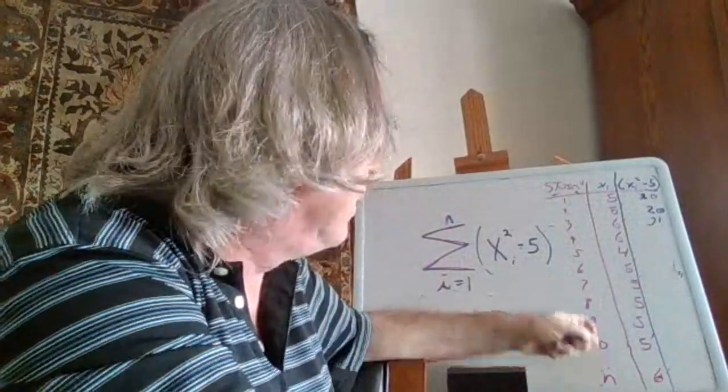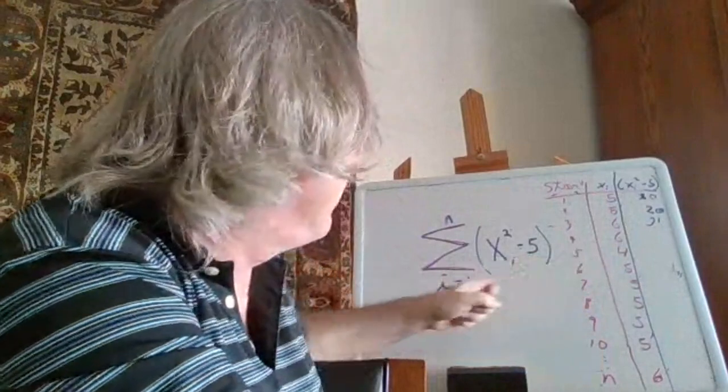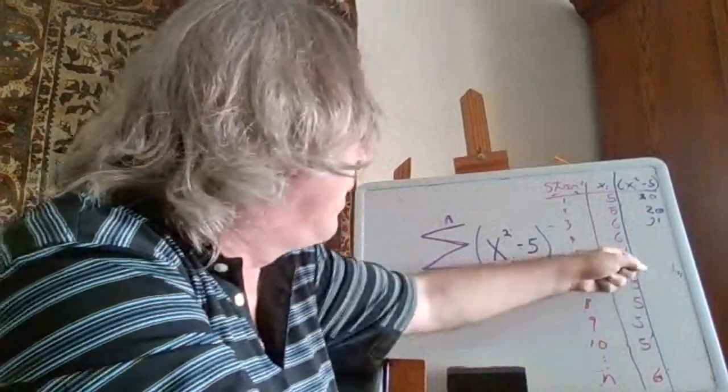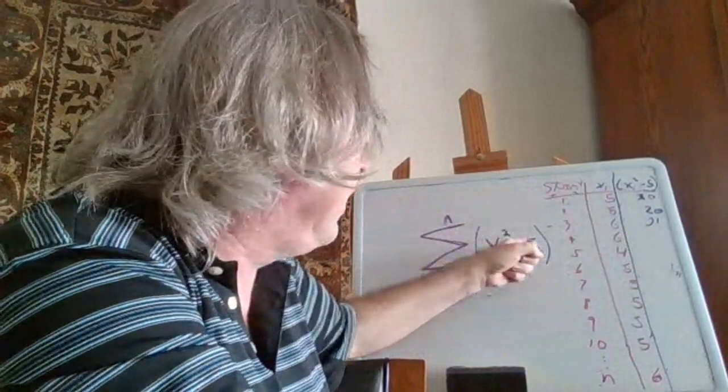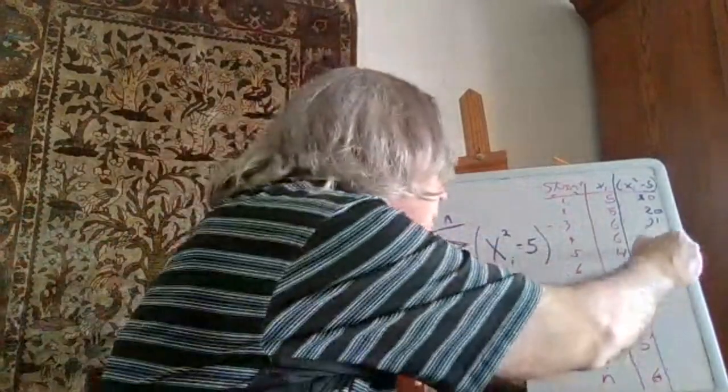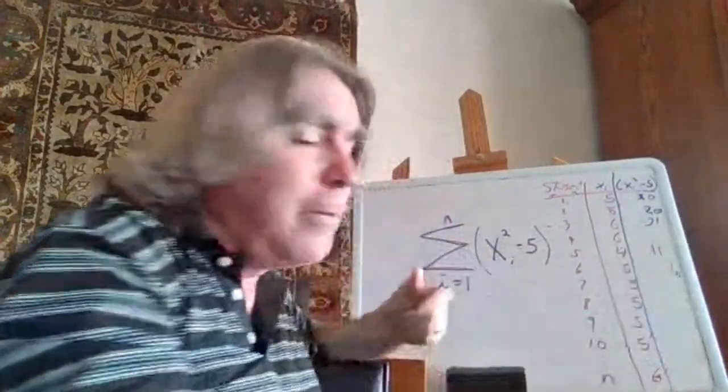So student number 5 has the x being a 4. 4 squared is 16 minus 5. So this one is 11. Right? Whatever this is, you can compute it.